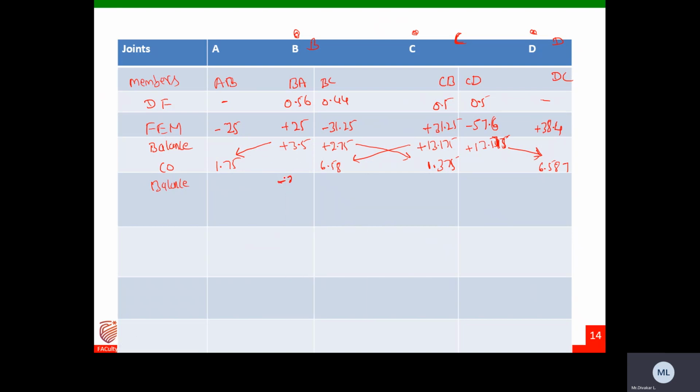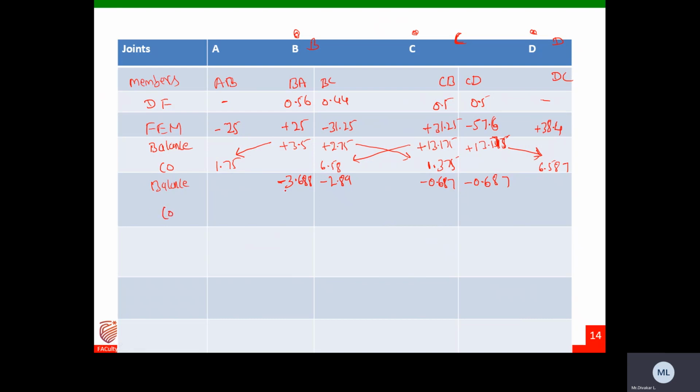Similarly here minus 2.89, minus 0.687, minus 0.687.